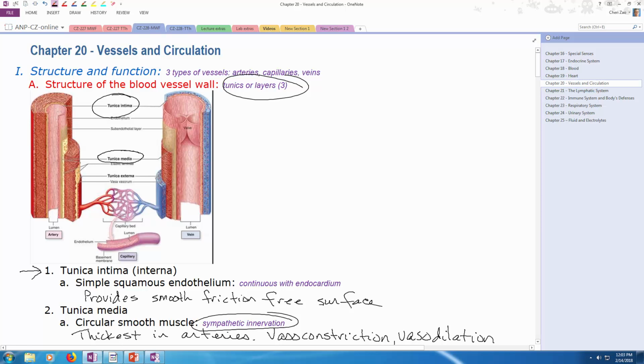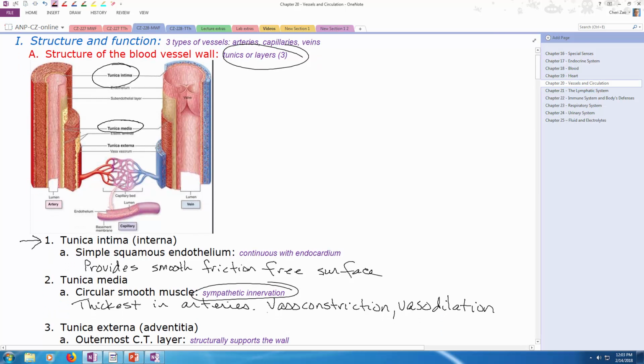Remember, the vascular tree only has one branch of the ANS that is in control of it, and that's the sympathetic branch. So when you get vasoconstriction or vasodilation, it has everything to do with sympathetic output, or whenever we're not under any sort of duress, rest and digest, sympathetic tone to your blood vessels.